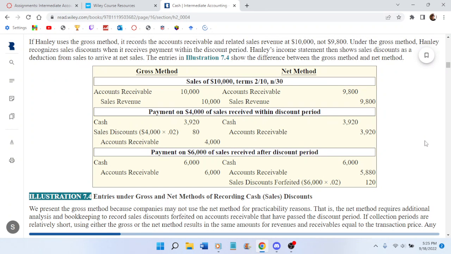Therefore, they paid $4,000. No, what? No, they paid $3,920. Wait, I'm so confused. Didn't they pay $3,920? Yes.